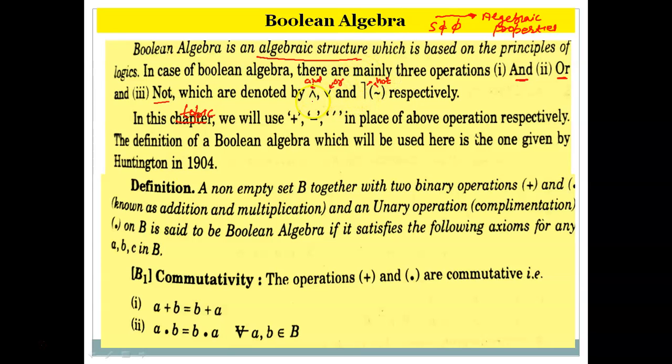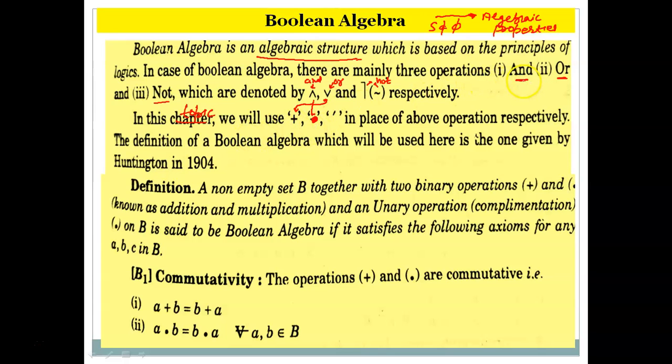In place of these, for AND we can use the dot notation, for the join operation we can use plus, and in place of the NOT notation we can use the complement, the dash. Different books use different notations.